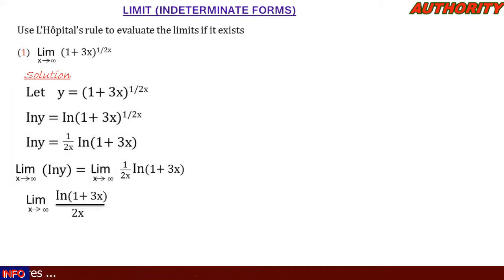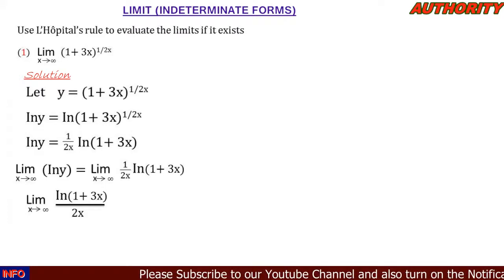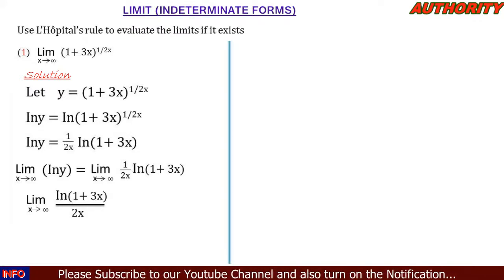Here, let's differentiate our numerator using the substitution method. Let 1 plus 3x be called the letter t, and then we have ln t. When we differentiate ln t, it gives us 1 all over t, and then we multiply by dt over dx.